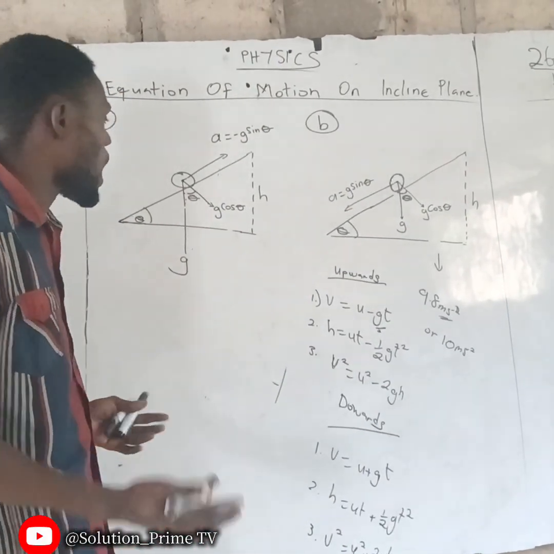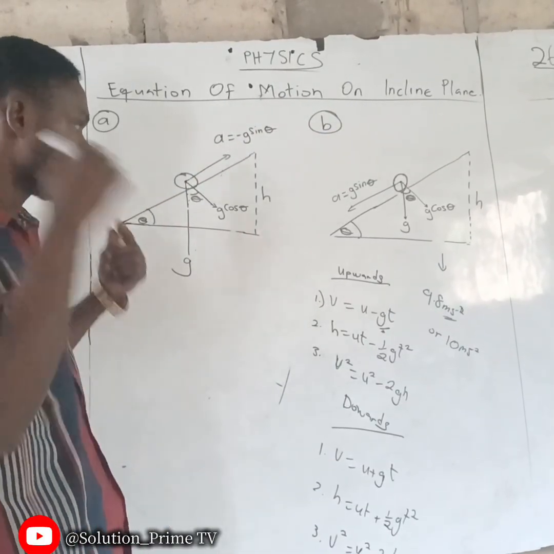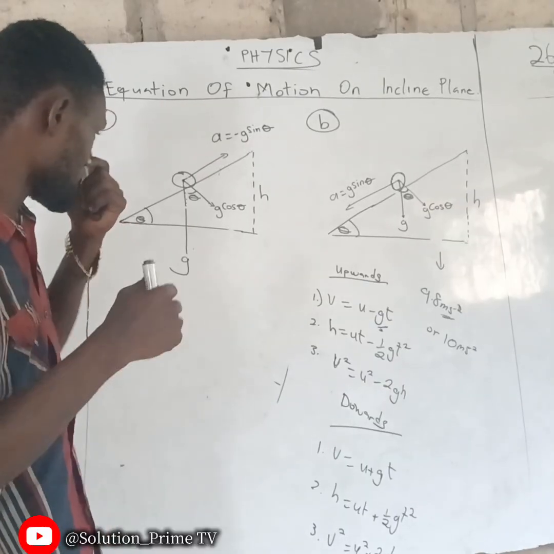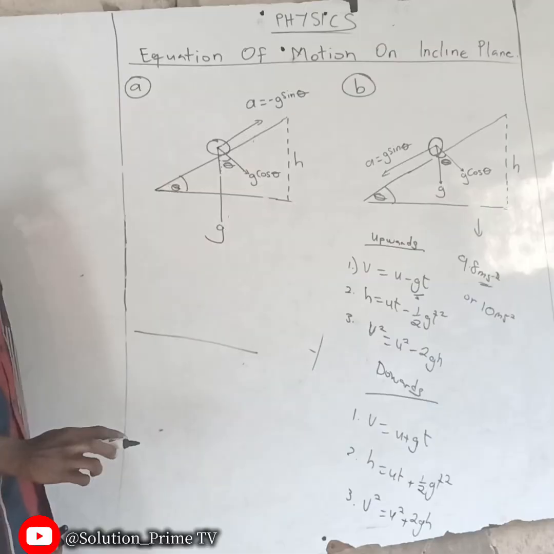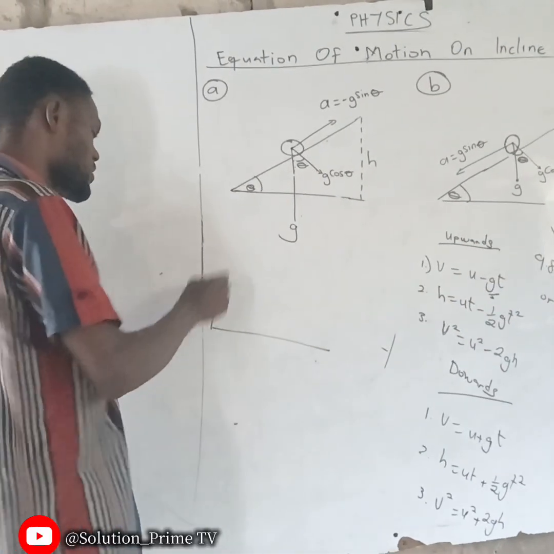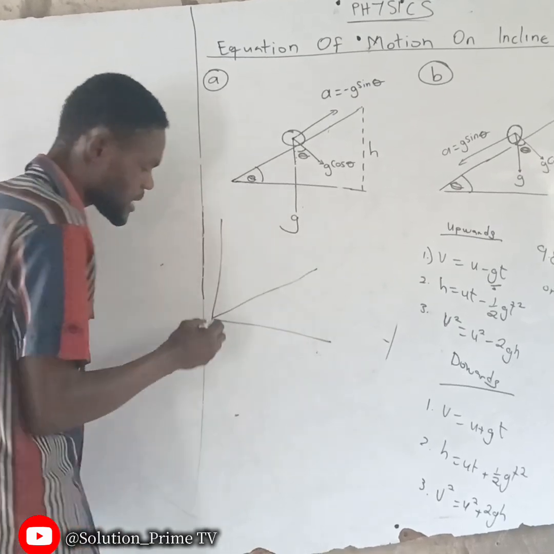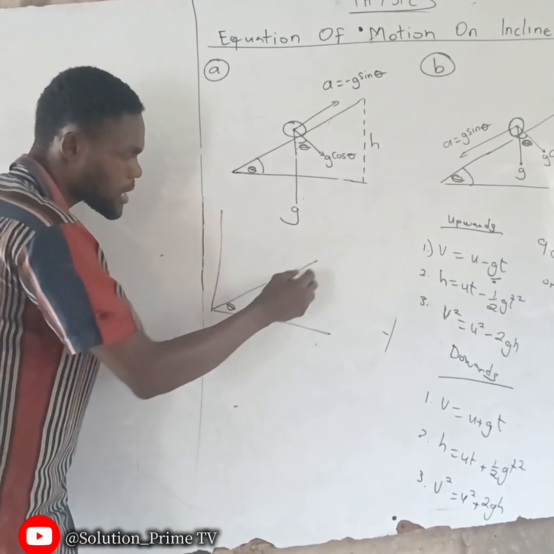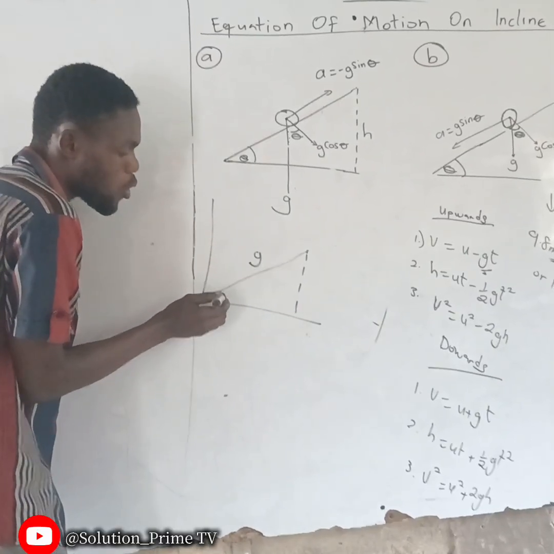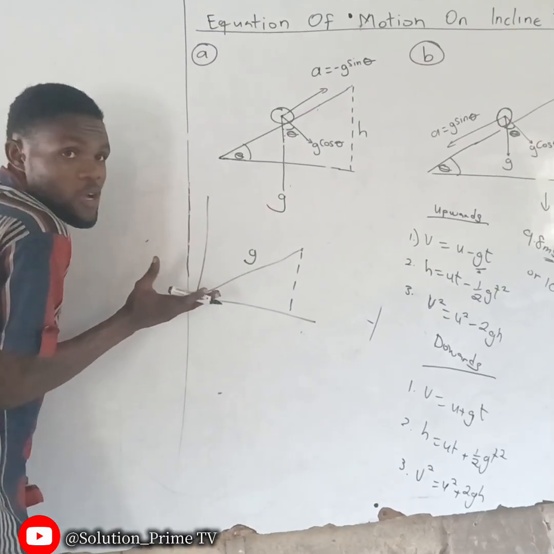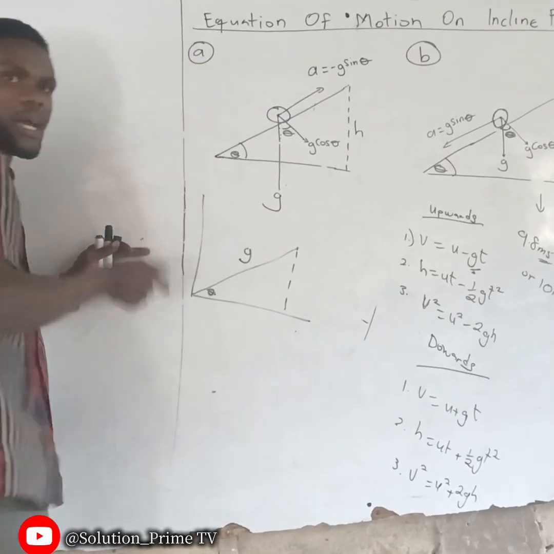Okay. Why are we having g sin theta? The reason is that when a body is moving like this, you don't have any angle. But when a body is moving like this, we make an angle. If I'm considering this to be g, we resolve it, because the body moves with respect to horizontal and vertical.